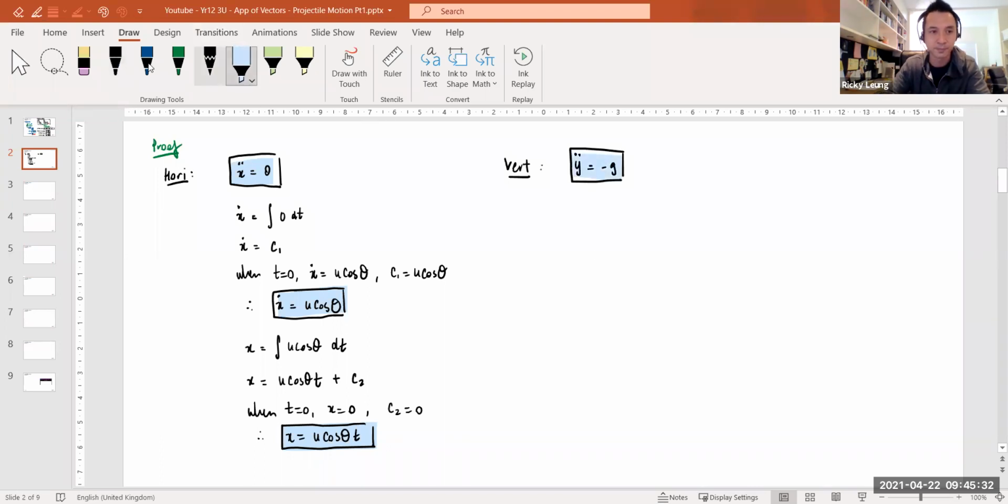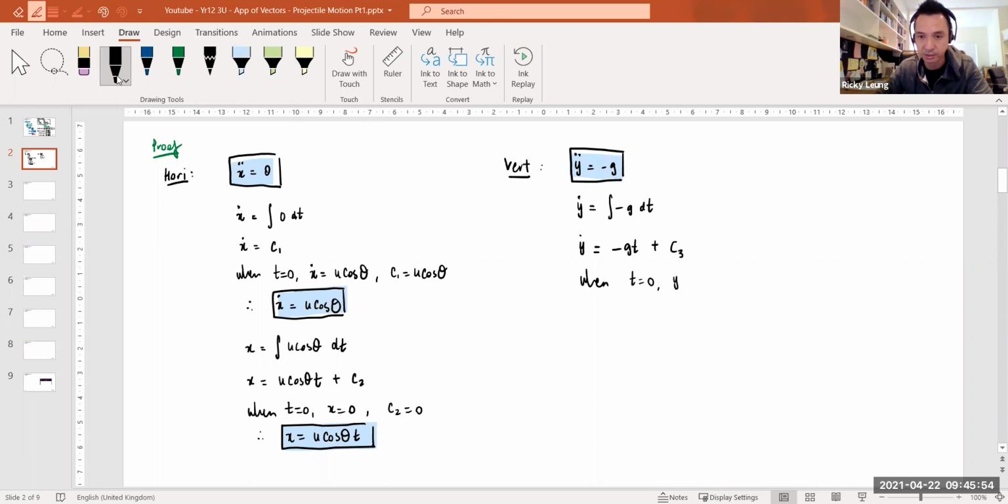So we start here. First part, we integrate negative gravity dt. Now that's easy because gravity is constant, 9.8 or 10 in the question. So this equals minus gt plus another constant. And I know when t equals 0, initial velocity is u sine theta.